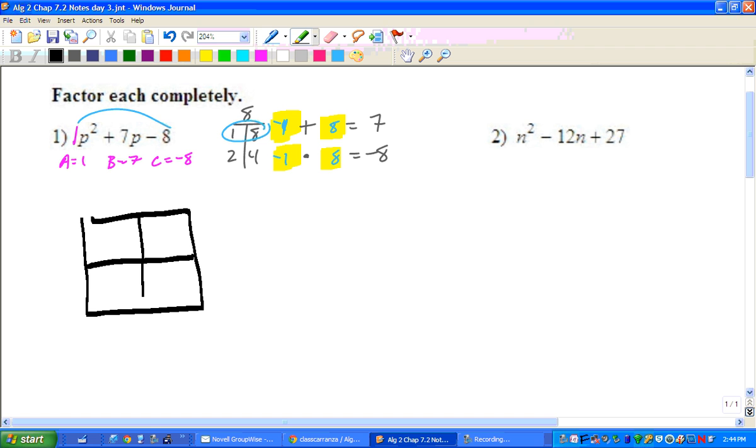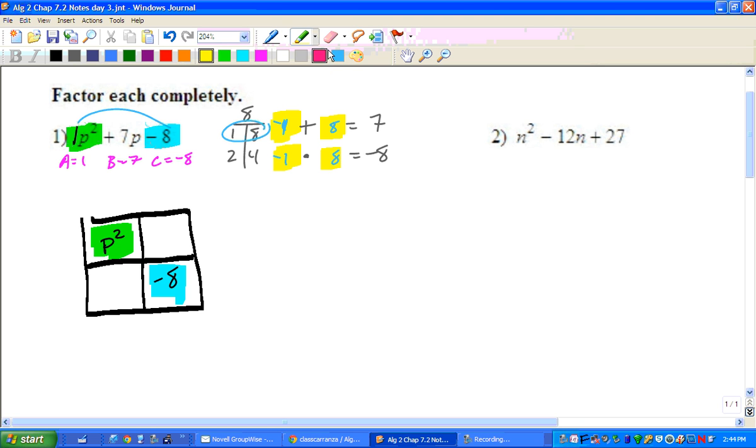Okay, now from here, this is the new stuff. You're going to draw a box. Now, watch where all the information goes. 1p squared is going there. The negative 8 is going here. So, let's get the black out. P squared and negative 8.